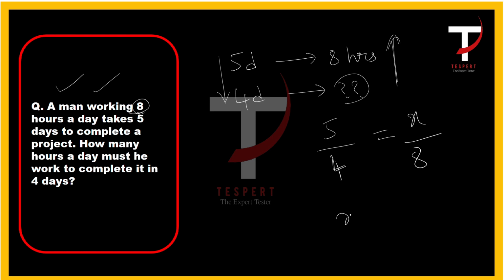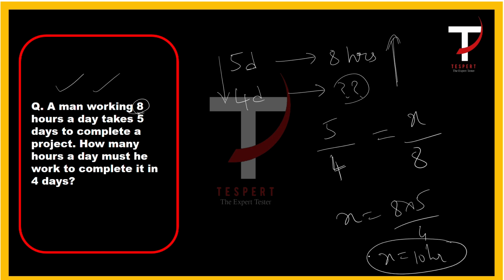So x is equal to 8 into 5 by 4. So the final answer is 10. So what is this 10? 10 is the number of hours which this man must work each day for 4 days.